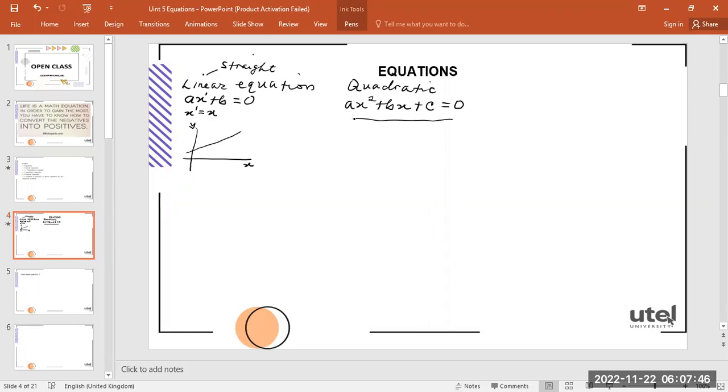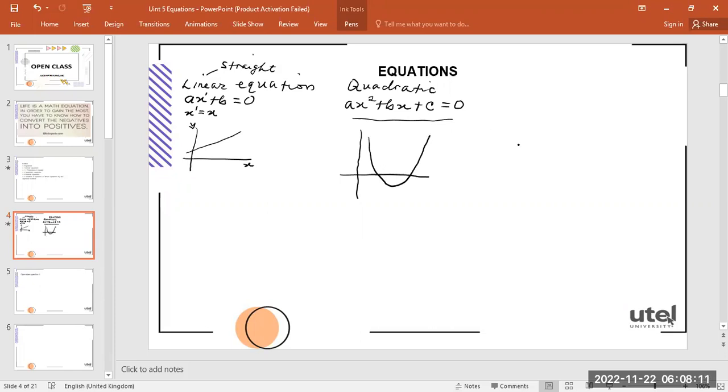So any equation in which the highest power of the variable is 2 is referred to as a quadratic equation. And generally, when you plot the graph of a quadratic equation, you always have a curve, depending on the nature of the values attached to the equation.